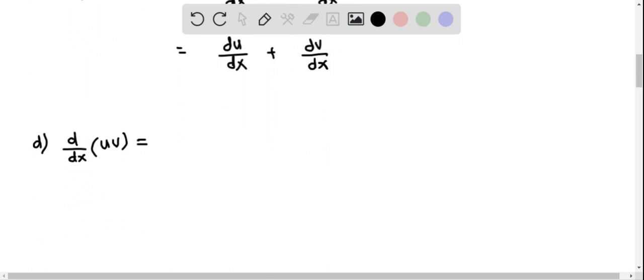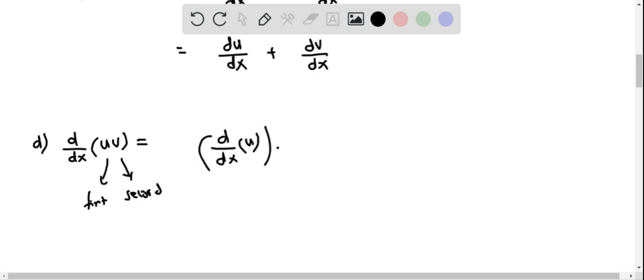Now let's do part D. This is basically a product rule. So first, we can consider u as the first function and v as the second function. So here we differentiate the first function, that is d by dx of u, and then multiply with the second function, that is v, plus then we consider the first function and multiply with the differentiation of the second function, that is d by dx of v.